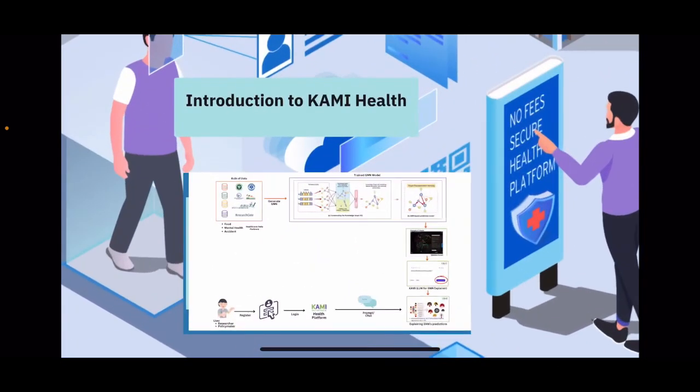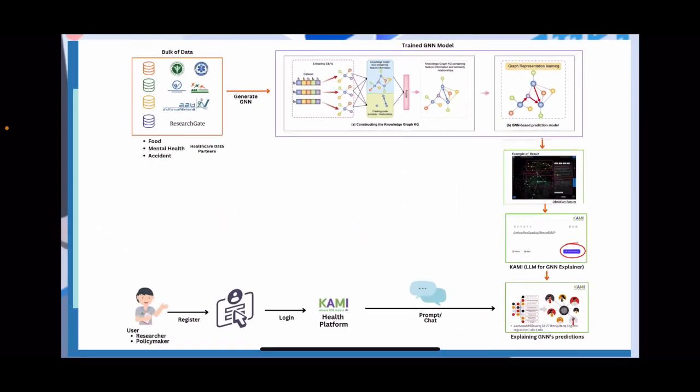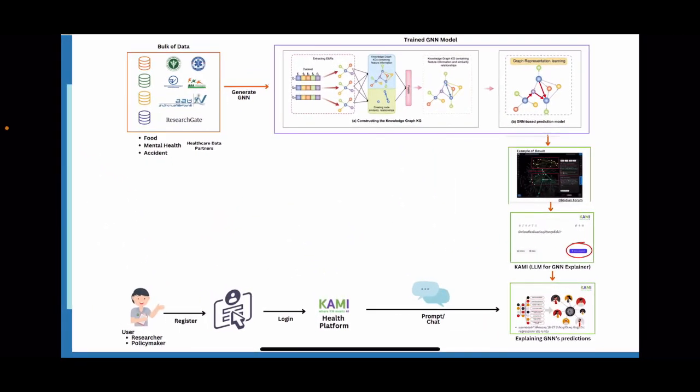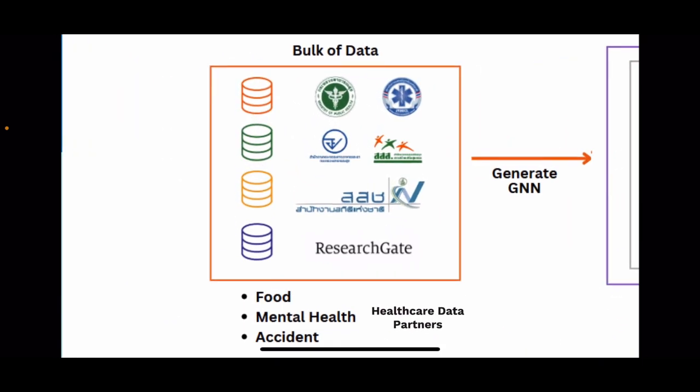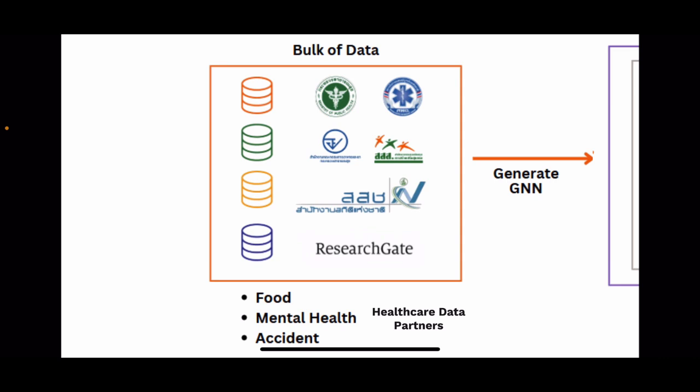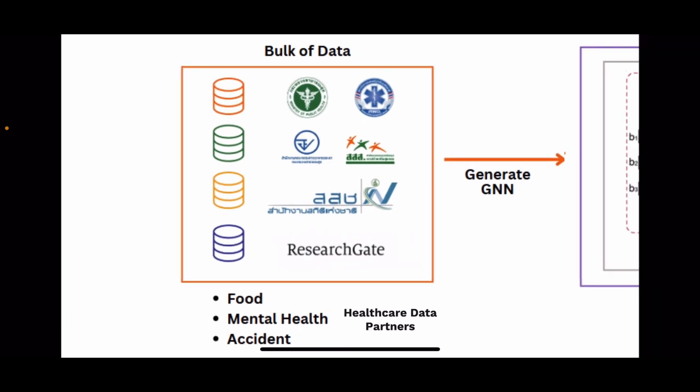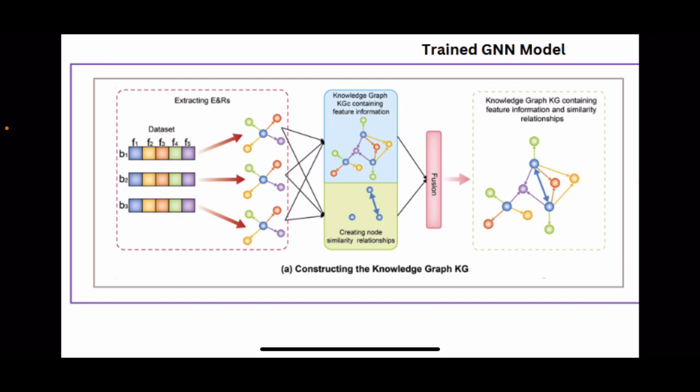So let's look first at the introduction for Kami Health. This is our graphical representation of what Kami aims to do, both at the front end and the back end. First and foremost, we gather data from our healthcare data partners: food, mental health, and accident providers of data. Then we generate a graphical neural network.